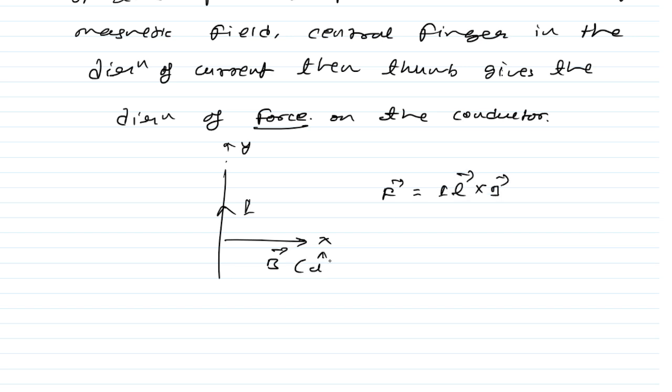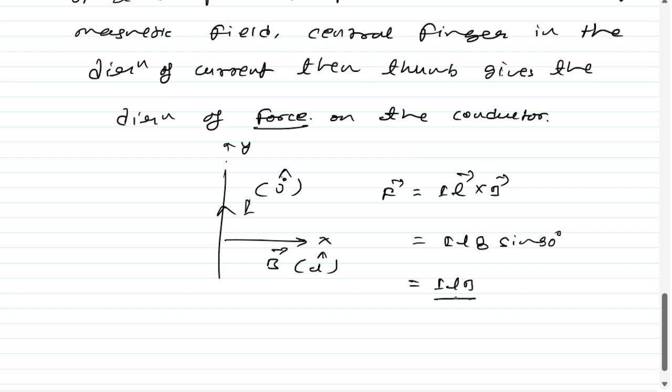If we use unit vectors, for B it is i cap, and for this it is j cap. So magnitude will be ILB sine 90 degrees, and sine 90 is 1, and the direction i cross j is k. So force will be in the k direction.